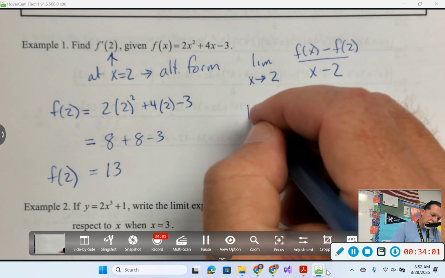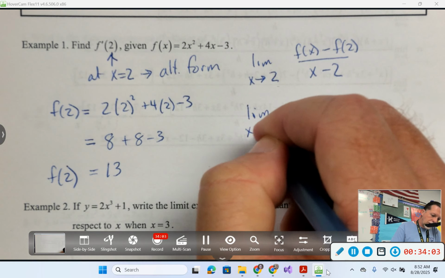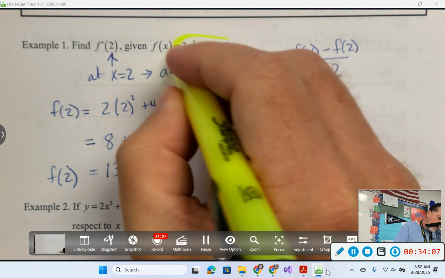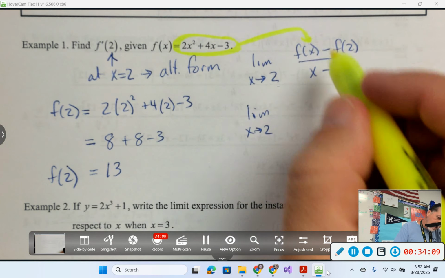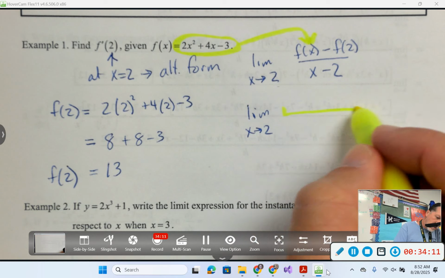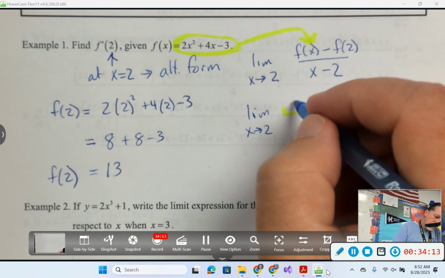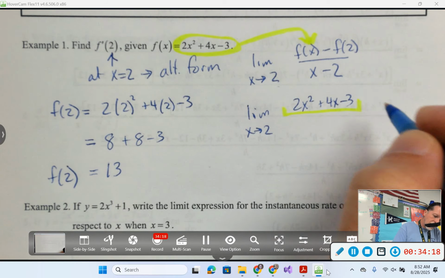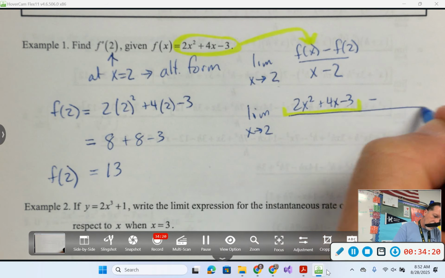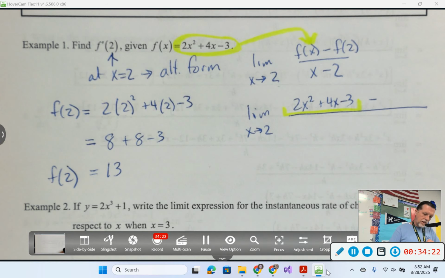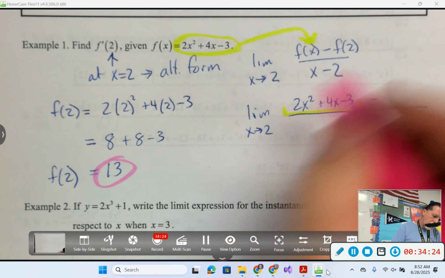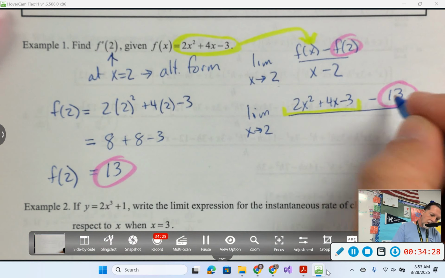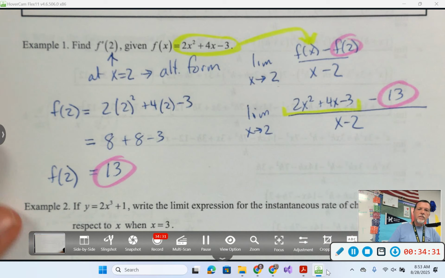Okay, everything else I know. Limit as x approaches 2. Here's f of x. That will go in for f of x. 2x squared plus 4x minus 3, minus f of 2, that's 13, all over x minus 2.